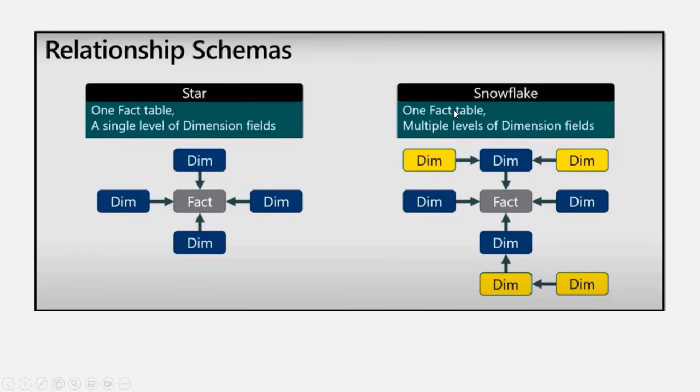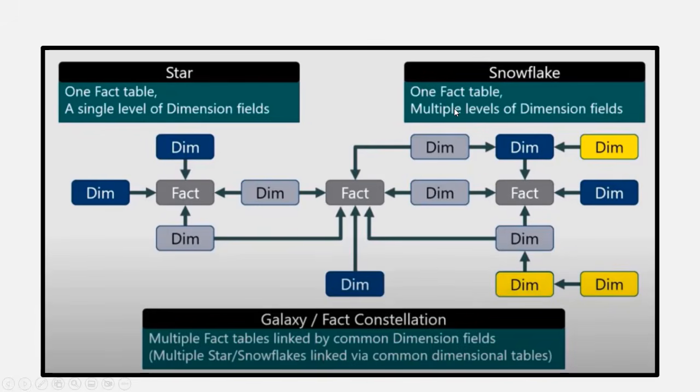Snowflake: one fact table with multiple levels of dimension fields. And if we combine them and make it more complex, where we have more than 2, 3, 4 fact tables and dimension tables, it could be converted into a galaxy or fact constellation, which is like multiple fact tables linked by common dimension fields. Okay.